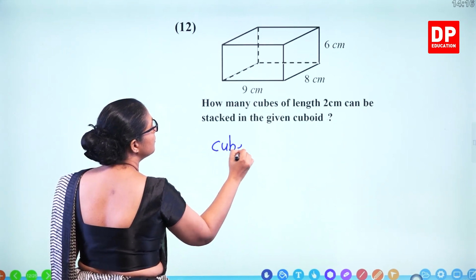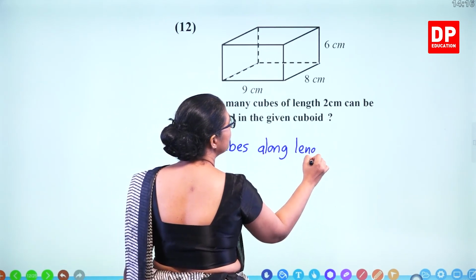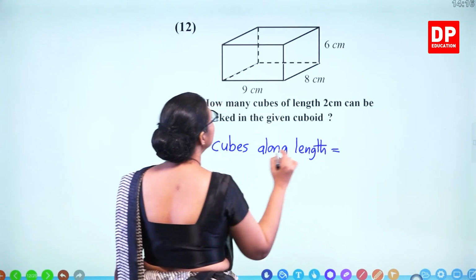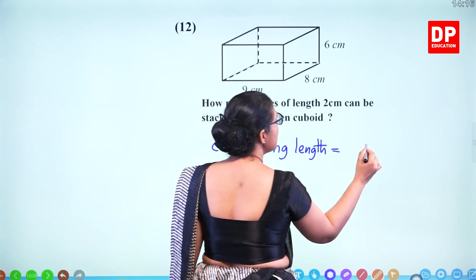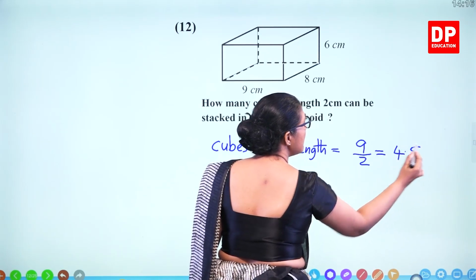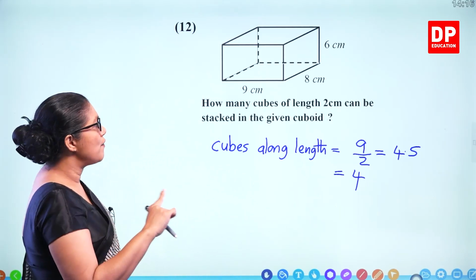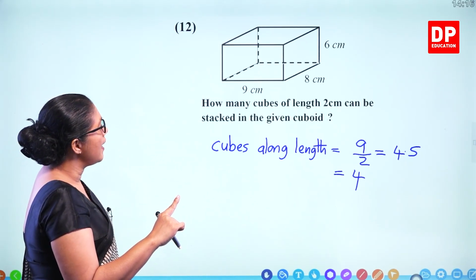Cubes along length, 2 centimeters is 1 length. So, 9 divided by 2, this is 4.5, so exactly 4 cubes you can fit along length.